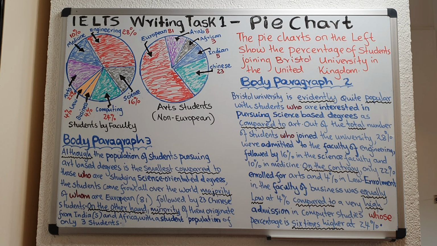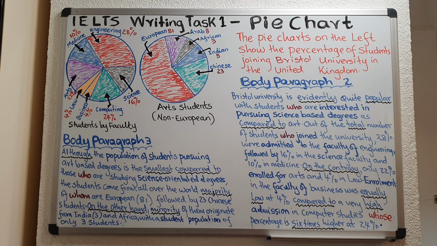The other thing I have done in body paragraph 2 is I have used comparatives to compare the information. For example, I used popular, the phrase compared to, the word total, the word equally.